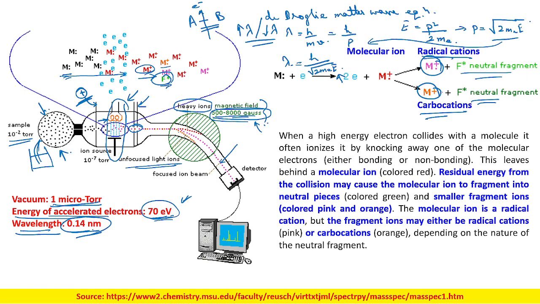Hence it is to be remembered that the electron gun used in mass spectrometry generates electrons having an energy of 70 electron volts. Another important thing is that, for the sake of simplicity, we have shown the electron beam moving in a linear way.